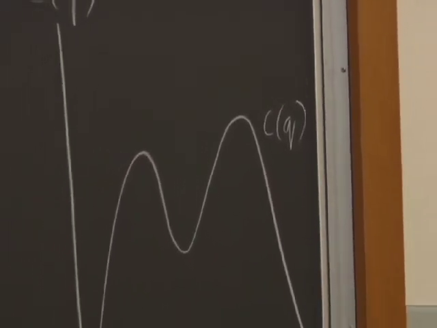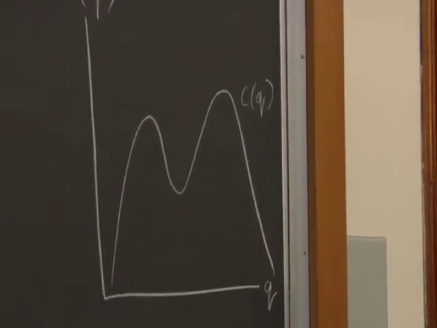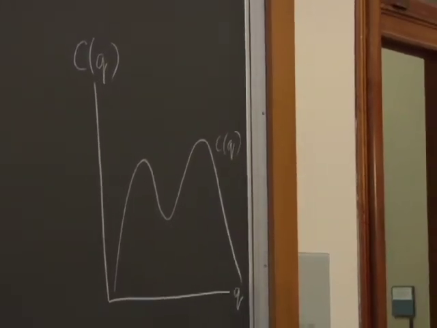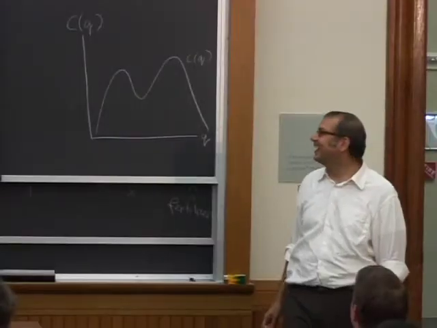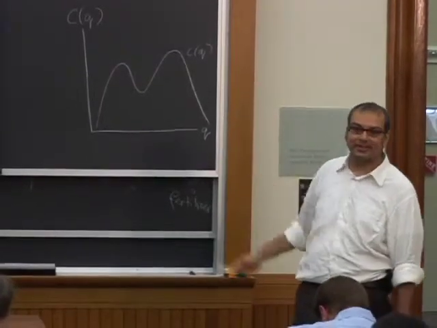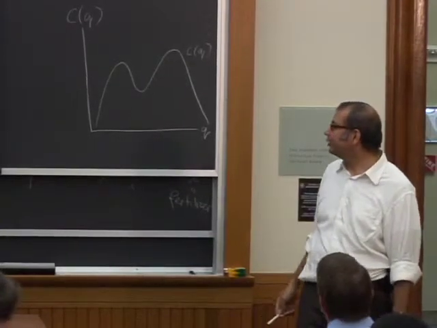Actually, it probably won't look like this. In other words, I didn't check to see what q cubed minus 10q squared plus 40q looks like. And in fact, I can be sure that it doesn't look like that. It should go up as q goes up.